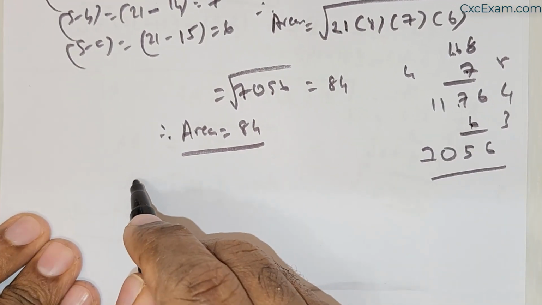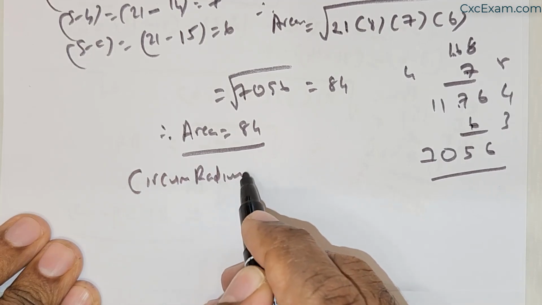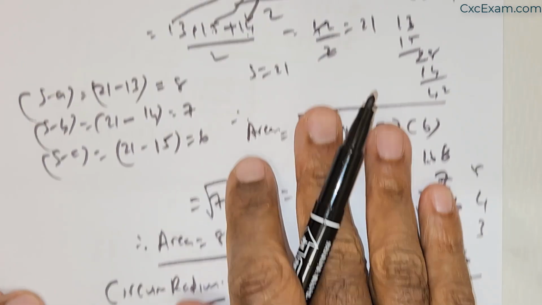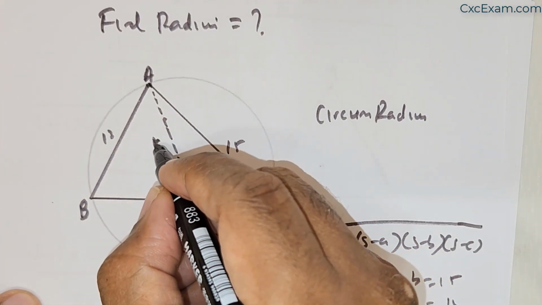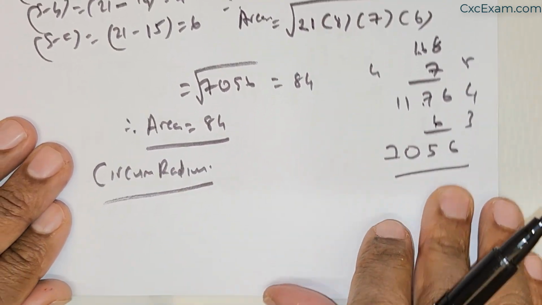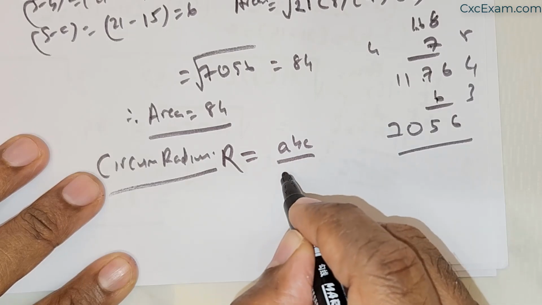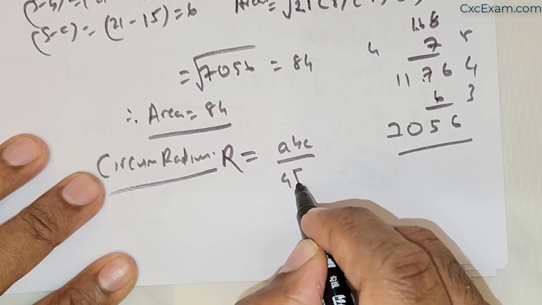Now we need to get the circumradius. So instead of saying it as small r, I'll take it as capital R. So that's a better representation. So circumradius capital R is equal to ABC divided by 4 times the area of the triangle.